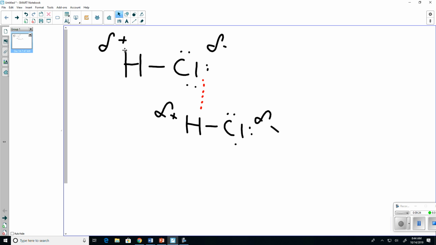It's further down in the periodic table. And because that's the case, bromine would be a smaller partial negative, partial positive with the hydrogen, which means it wouldn't be able to attract as well with a neighboring molecule. So again, this is what we would call a dipole-dipole interaction. So this was the first point that I had in there.